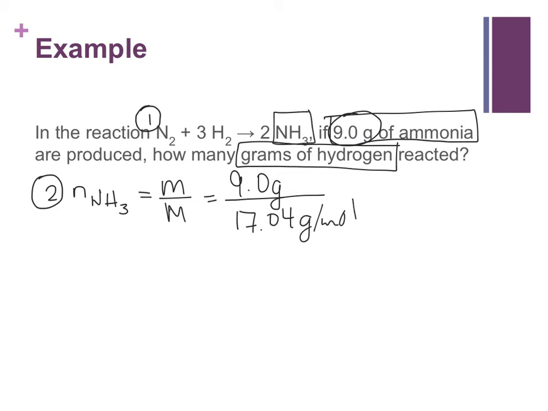Don't worry about this 2 here because the 2 is taken care of in the next step in the mole ratio. If you calculate this, you get about 0.5281, and it keeps going on, moles of ammonia. Okay, we don't want to round off here yet because we're not finished answering the question.